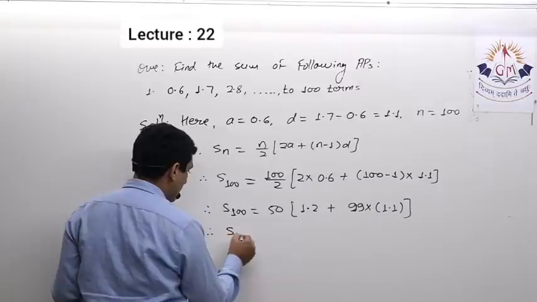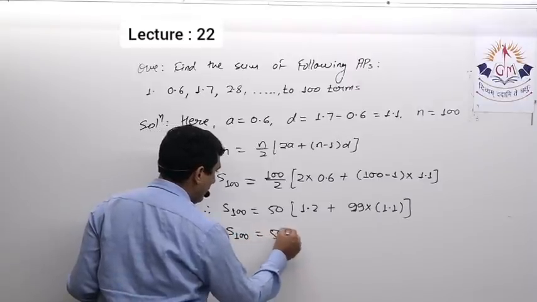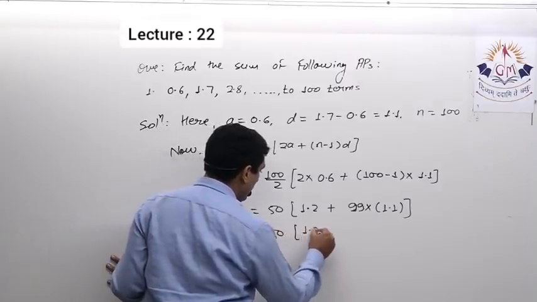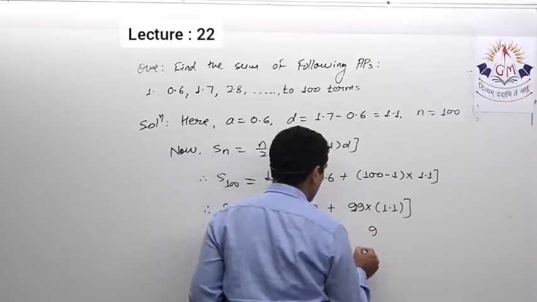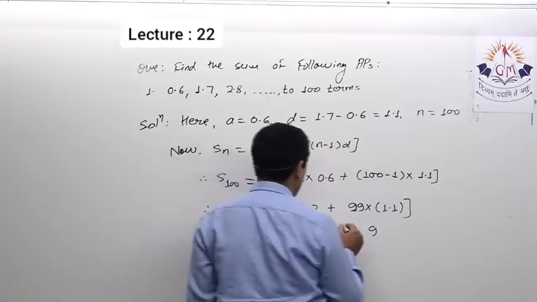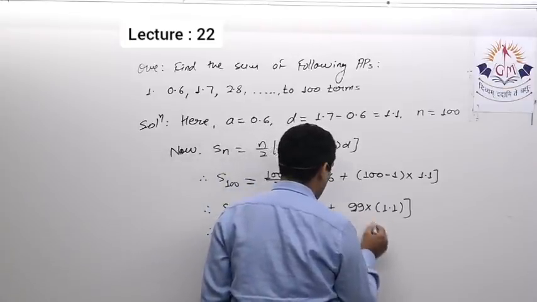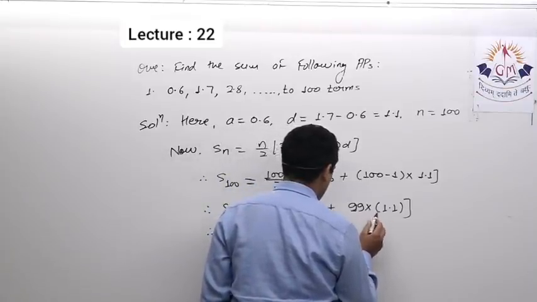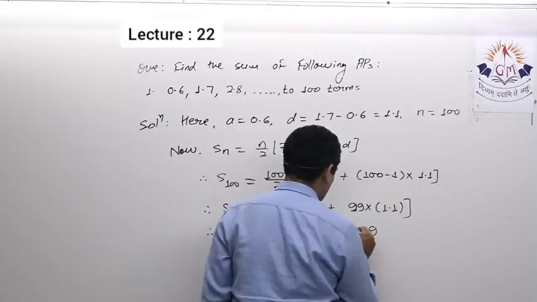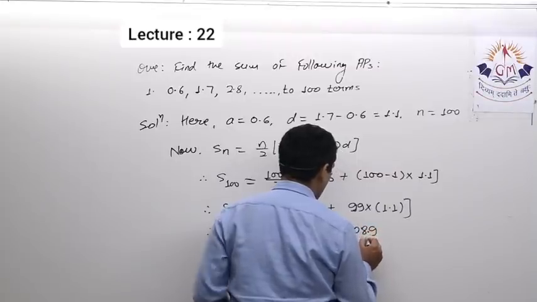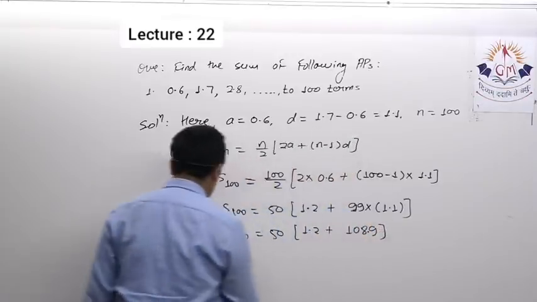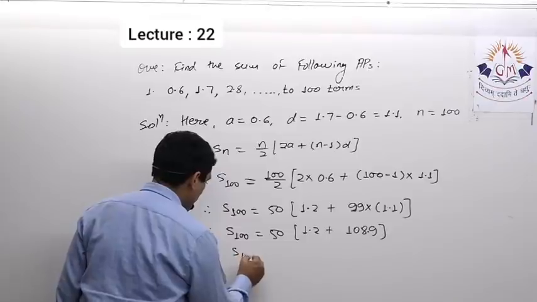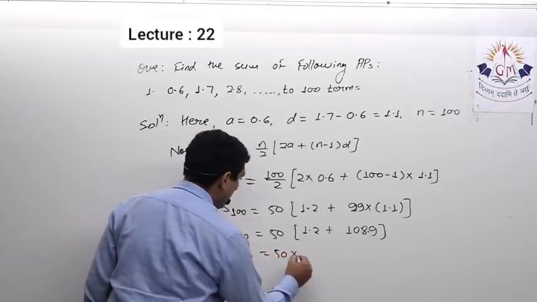So S100 is equal to 50 into 1.2 plus, now over there the multiplication gives 108.9.